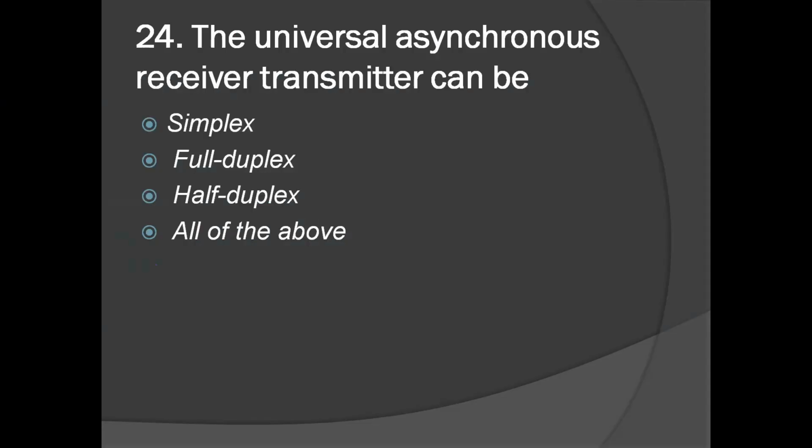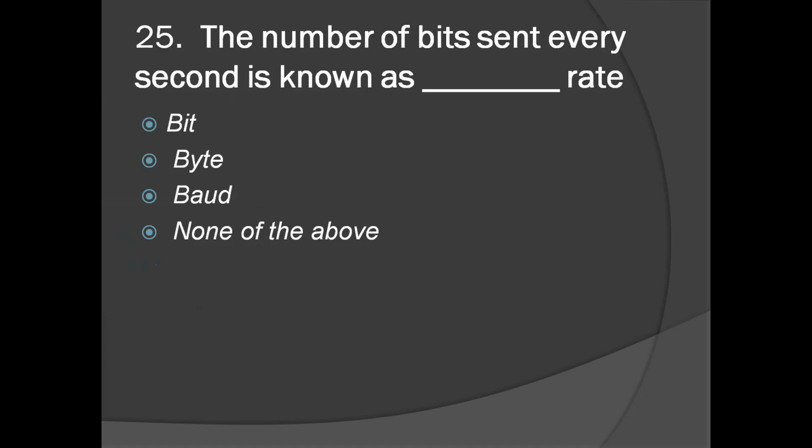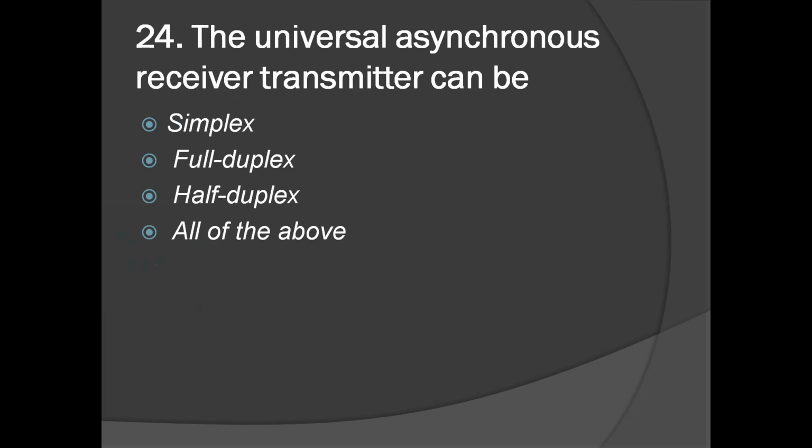So it is all of the above. We can use it in any mode: simplex, full duplex, half duplex, any mode we can use. It depends upon the use case actually.